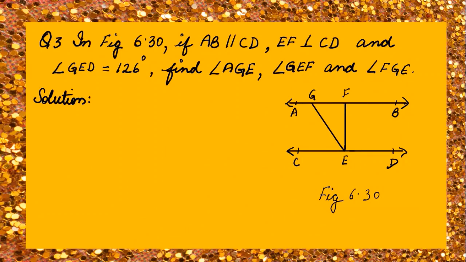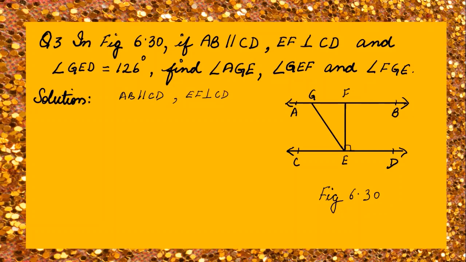Now question number 3rd is, in figure 6.30, if AB parallel to CD, EF perpendicular to CD. What is given? AB parallel to CD and EF perpendicular to CD, and angle GED equal to 126 degree.